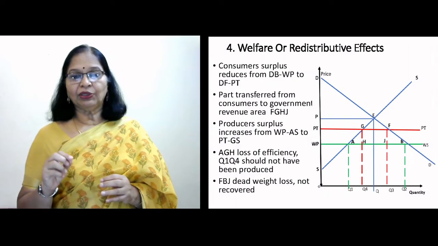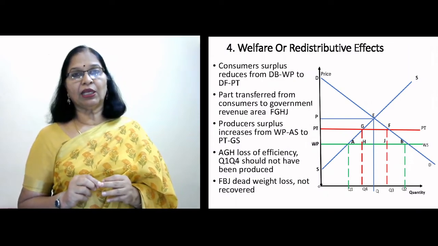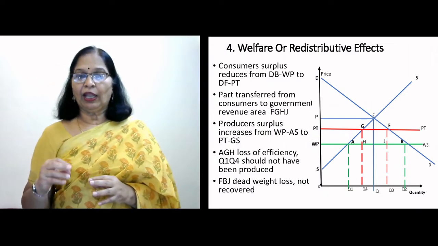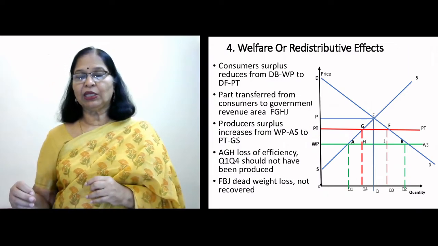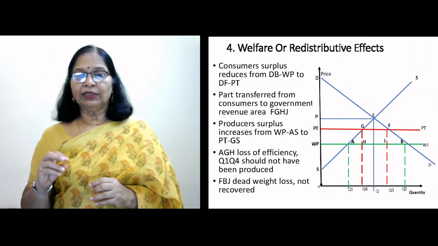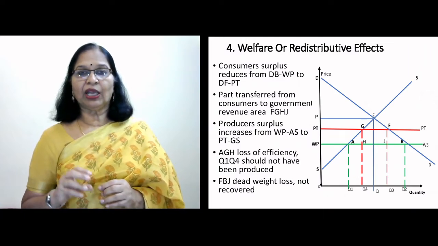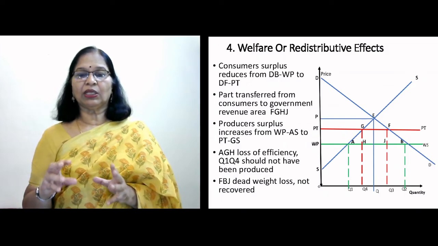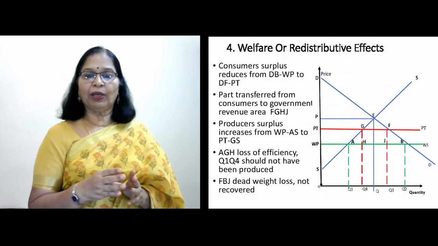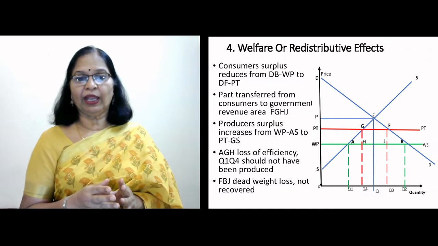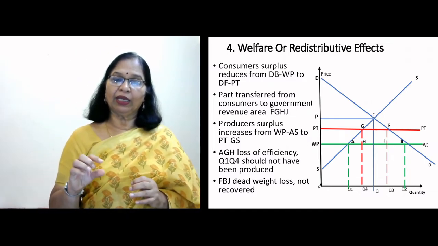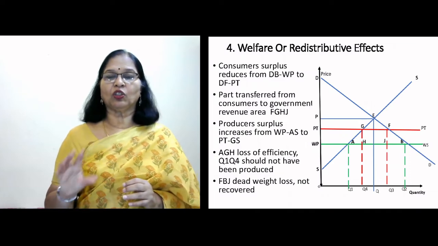So we have GHA, which is associated with inefficient production, FJB, which is associated with the deadweight loss, and GFJH is the revenue that has gone to the government. So that is the total loss that the consumer has to bear, a loss of PTGAWP. The total area between the red line and the green line is the total loss for the consumer.